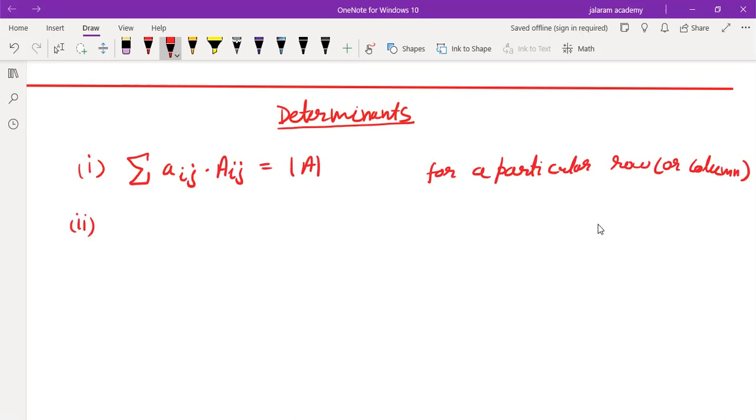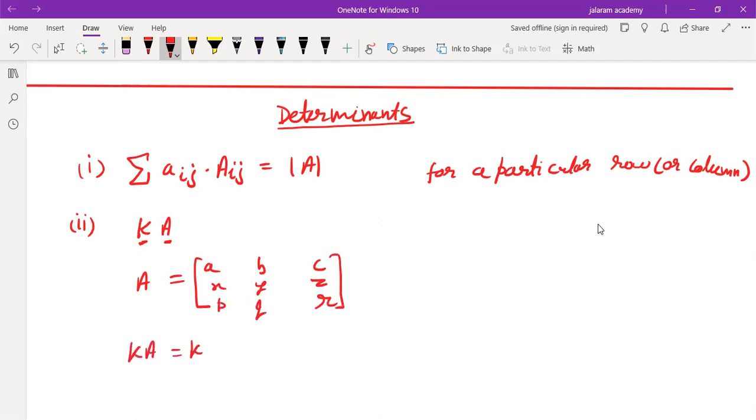Second property, the very important property is, we all know that if we multiply a matrix by a constant, where A is a square matrix and K is a constant, like if A is the matrix A, B, C, X, Y, Z, P, Q, R, and you multiply this matrix with K, then what happens?